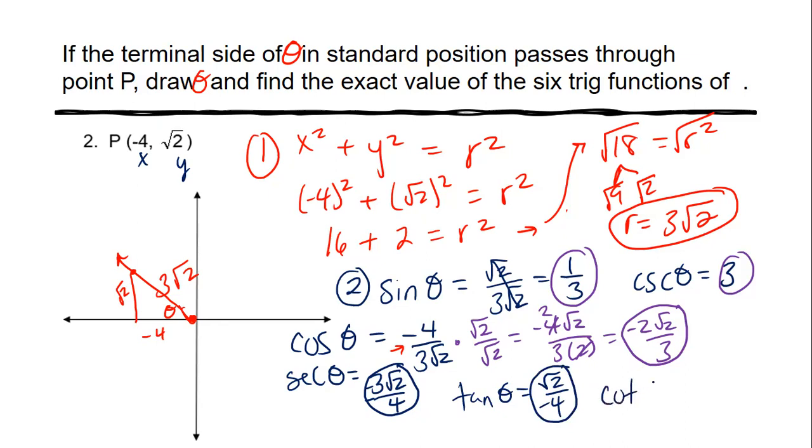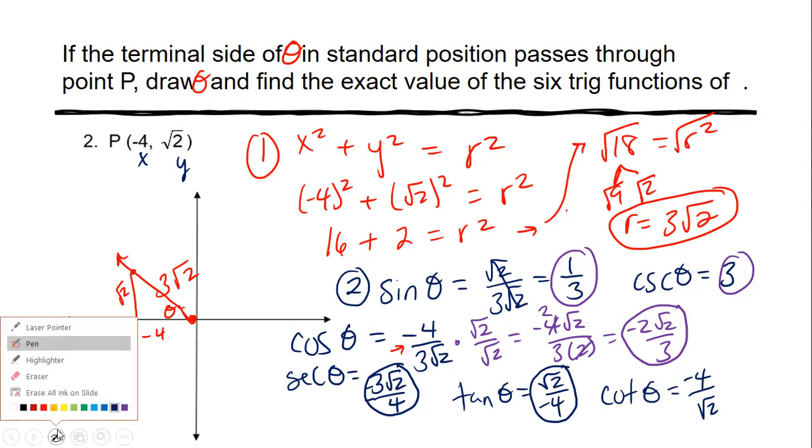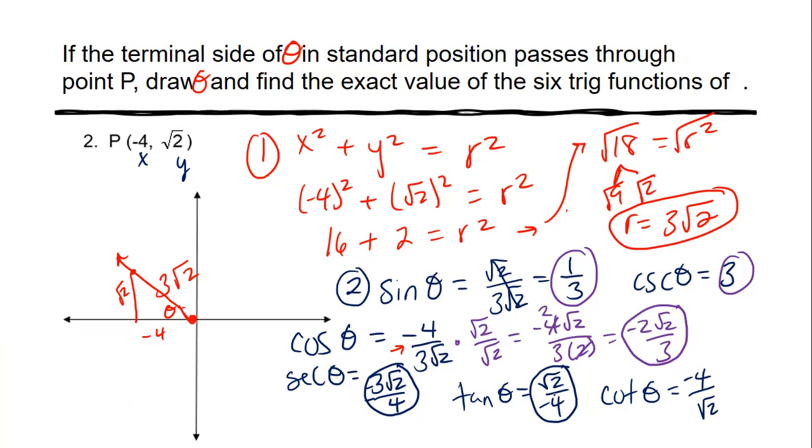But for the cotangent theta, I end up with -4 over the square root of 2. You can't just make it 1 over -2, because it's square root of 2 and that radical protects that 2. Can't touch it. Good question.